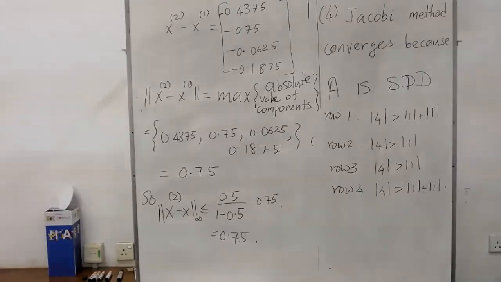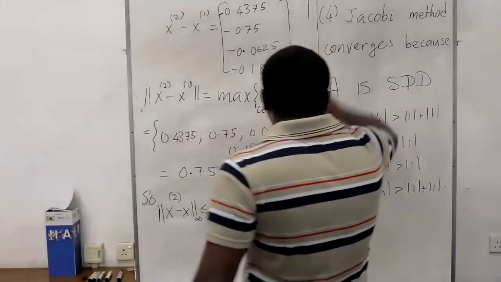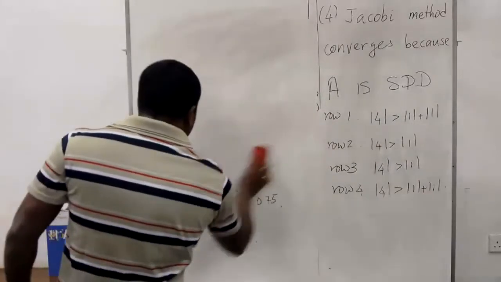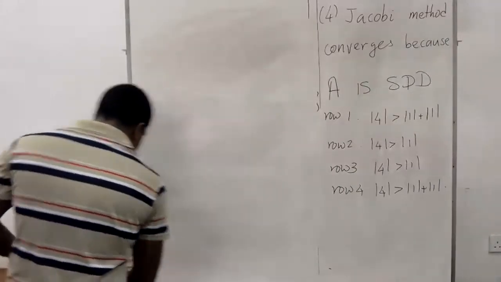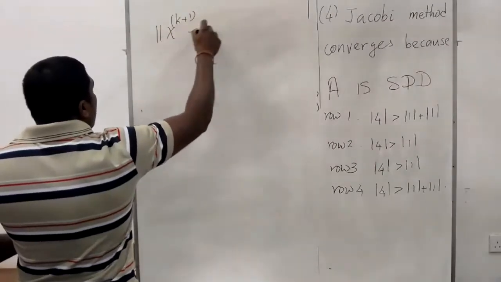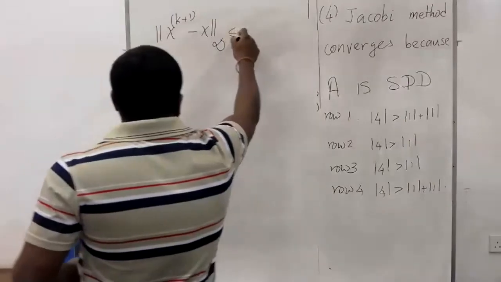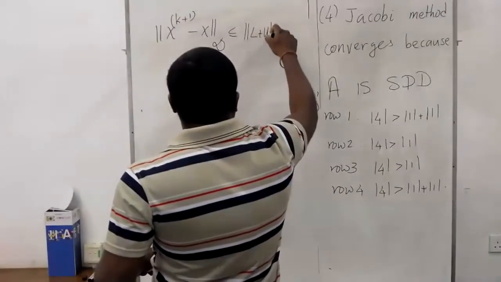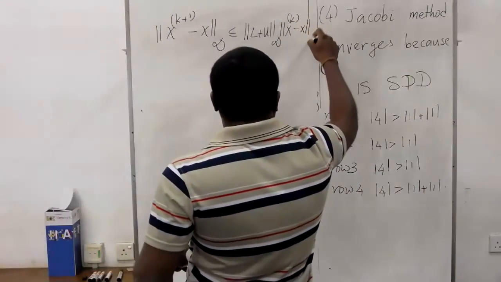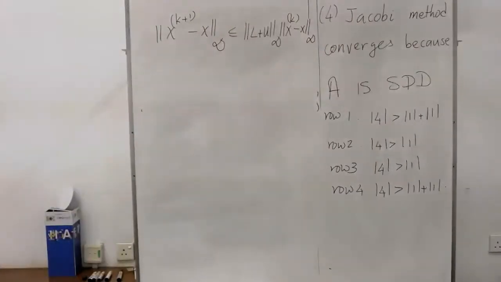There is an alternative way also. Without using the fact that A is strictly diagonally dominant, you can still show the convergence. In the infinity norm, you have the norm of xk plus 1 minus x is less than or equal to the norm of (L plus U) times xk minus x.